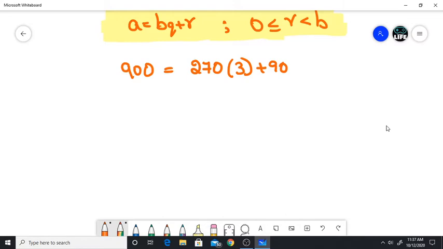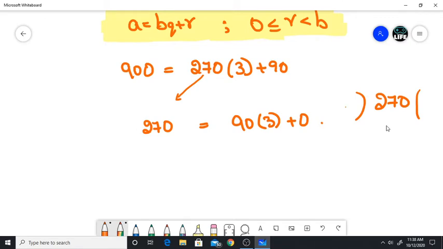And afterwards transpose this 270 as A. So 270 equals to, and change R into B. So 270 can be written as 90 into 3 plus 0, because 270 divided by 90 gives you 3, and the remainder is 0.